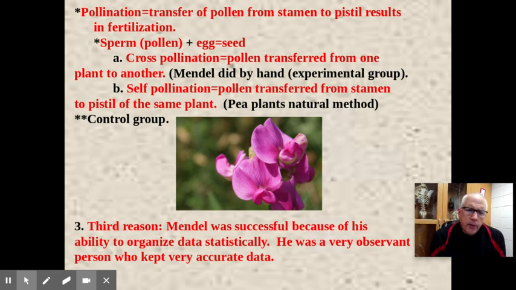The one he came up with all of his findings with is the cross-pollination group, where you're transferring pollen from one plant to a different plant. And he did that a couple ways. He took a little camel hair brush and got the pollen off of one plant and went over and sprinkled it on another. So if you wanted to cross a tall with a dwarf, easy to do. Yellow seed with a green seed, you could do that.